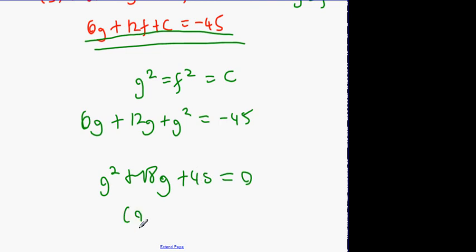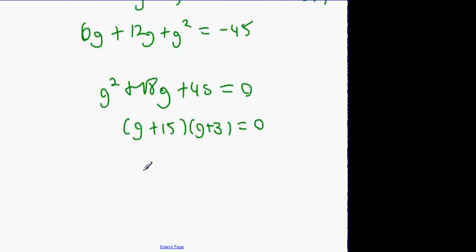We get g plus 15 and g plus 3 equals 0. Now remember, the centre of the circle is (minus g, minus f). So to have a first quadrant centre, I was expecting a negative number, wasn't I? So g equals minus 15, or g equals minus 3.